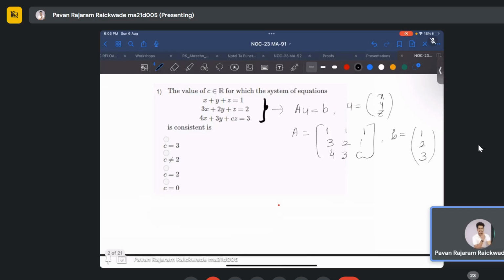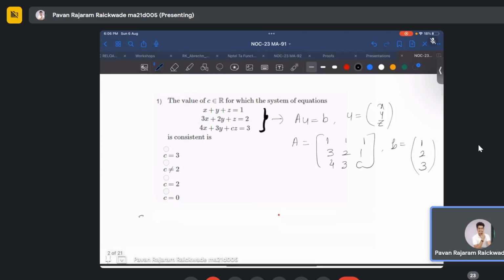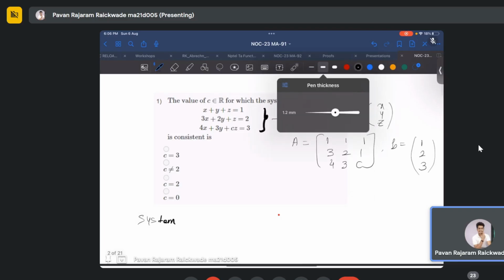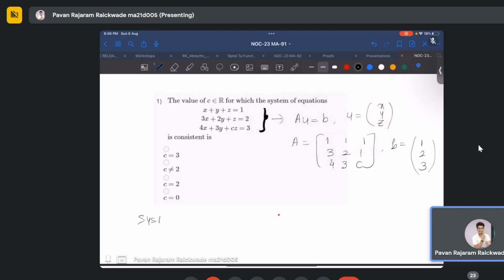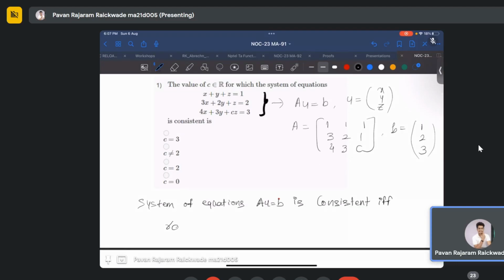Okay, so the formula, first of all: the system of equations Au equals B is consistent if and only if, I'll write it here, the rank of the matrix A is the same as the rank of the matrix A augmented B. What is A augmented B?